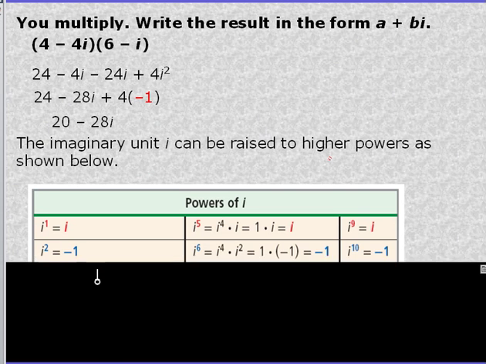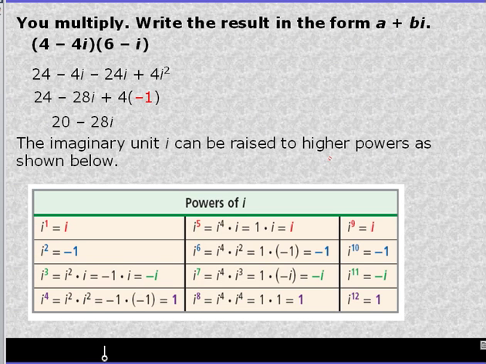All right, so powers of i: i to the first power is just i, i squared is negative 1, i cubed becomes negative 1, so it's i squared times i, which is negative 1 times i, or negative i. i to the fourth is going to be negative 1 times negative 1, which is 1.